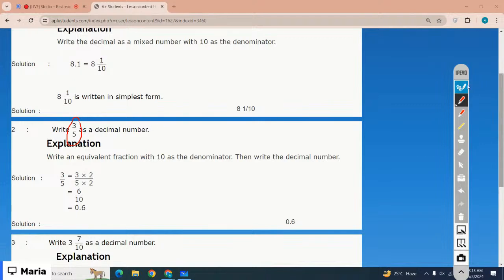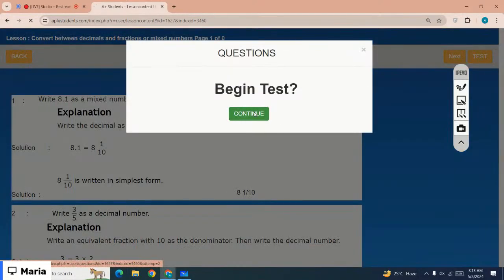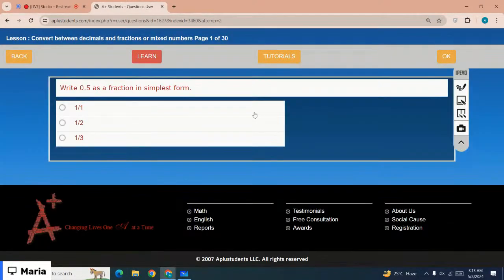Let's just start with the practice questions. Write 0.5 as a fraction in simplest form.